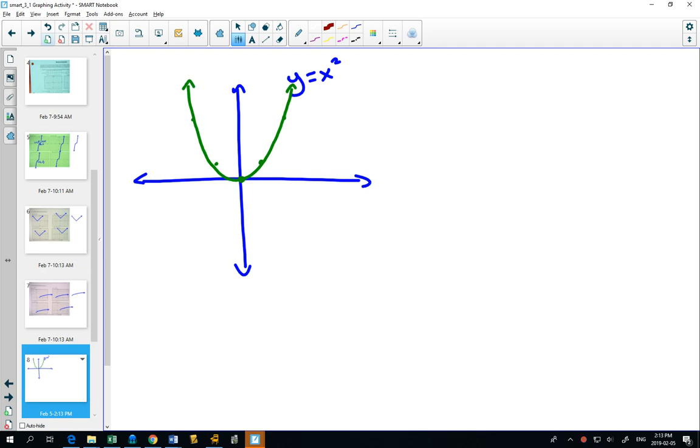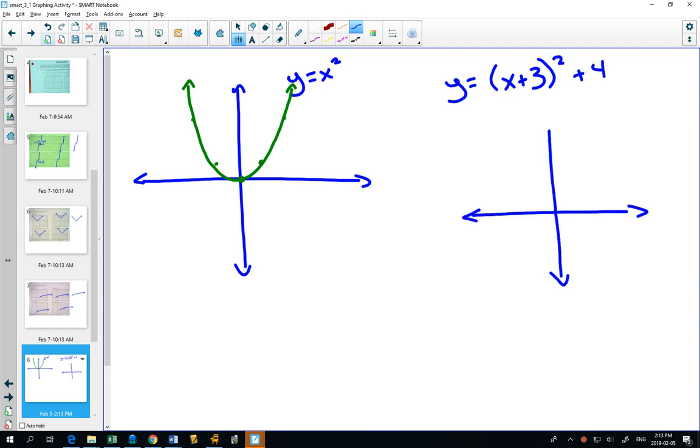Okay? In grade 11, you sometimes wrote it in vertex form. If I wrote something like this in vertex form, we called it vertex form because you could look at it and tell where the vertex was. Where's the vertex for this one? -3, 4.